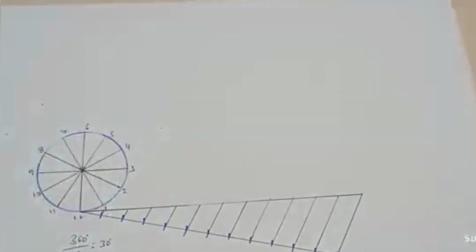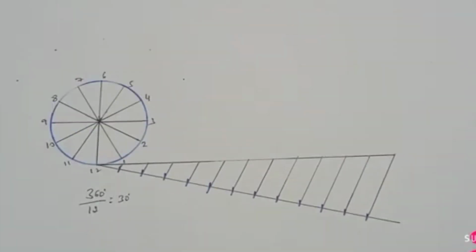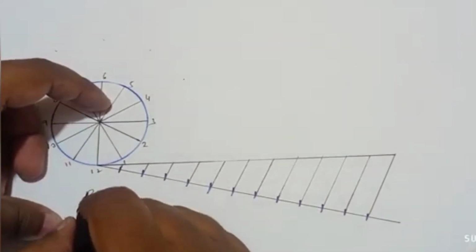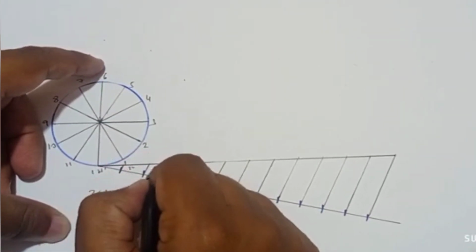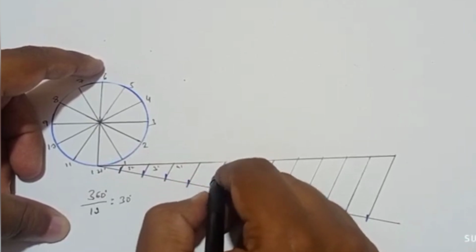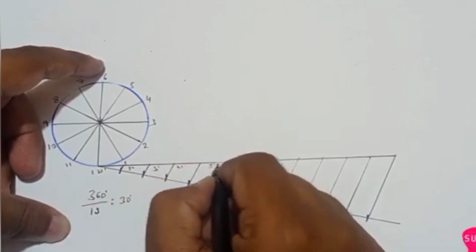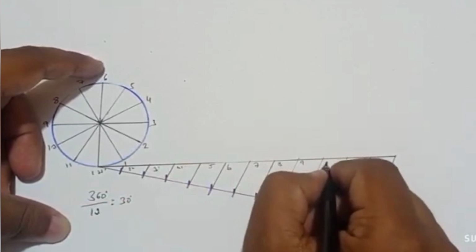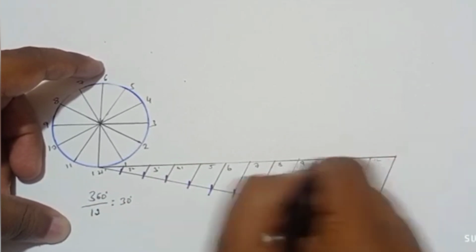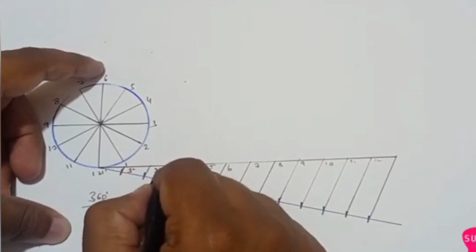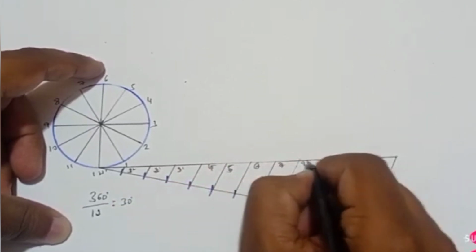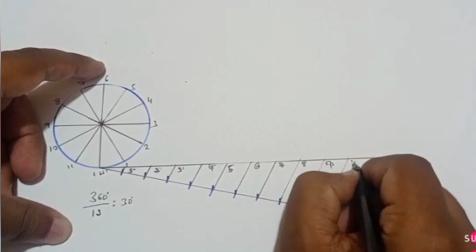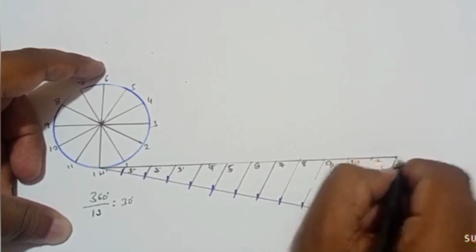Now it is divided into 12 equal parts. So now I can write them as 1, 2, 3, 4, 5, 6, 7, 8, 9, 10, 11, 12.